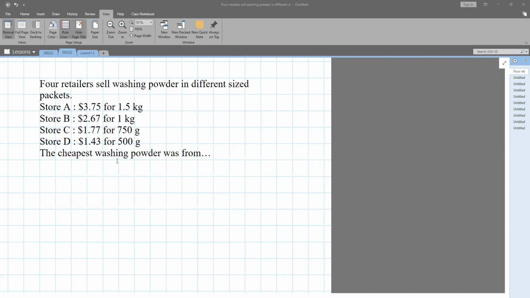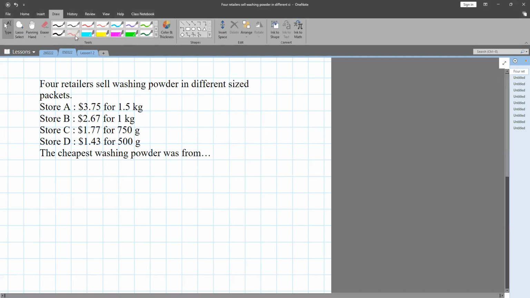But the problem is when you look at the kilograms here, oh wait, no, it's still C. Well, we'll see whether it's B or C. If you want to compare things, we have to have the same units.